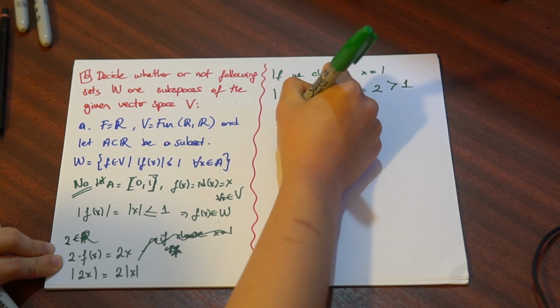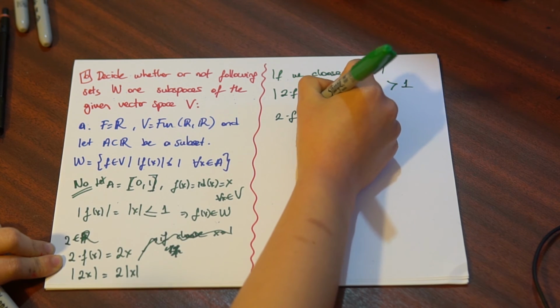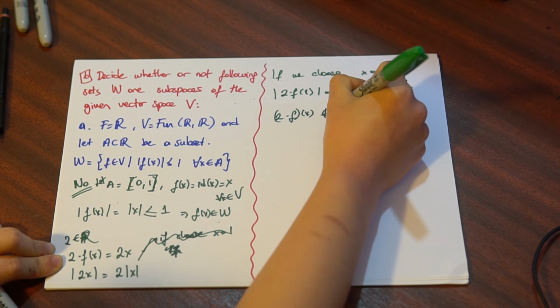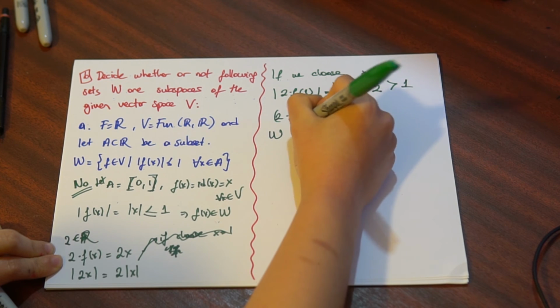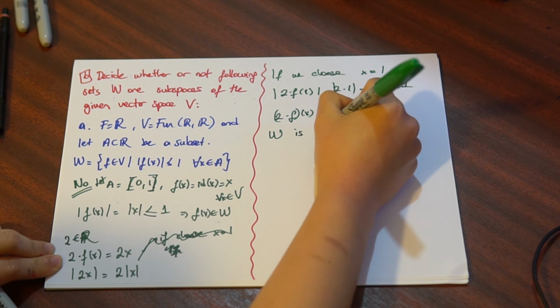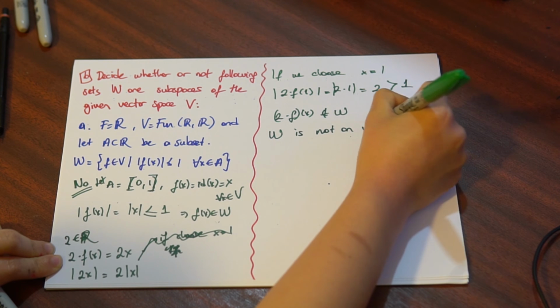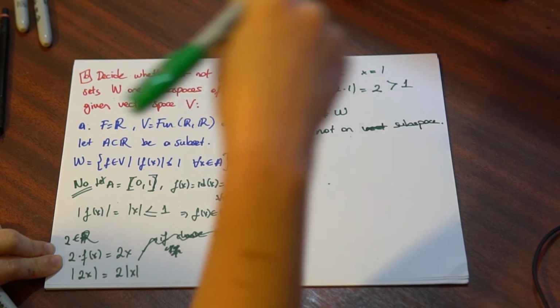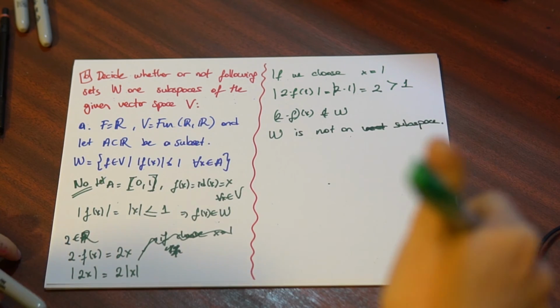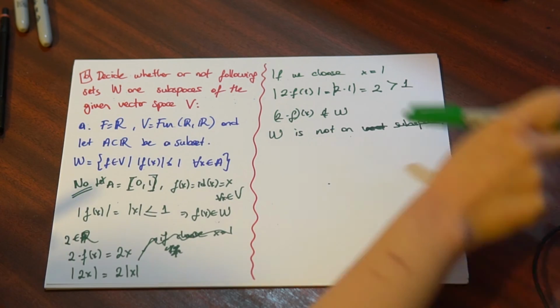So 2 times f(x) is not an element of W. So W is not a subspace. So W does not satisfy axiom 3, so W is not a subspace.